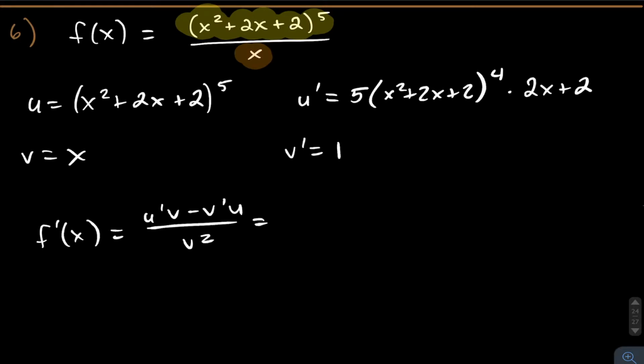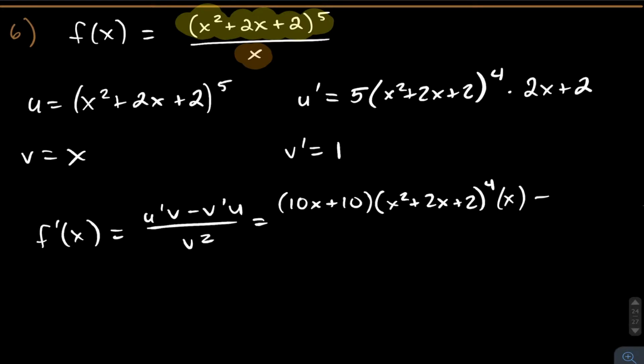I would simplify this with the 2x plus 2 and the 5, so I'd multiply the 5 through to the 2x plus 2. When you do that, you get 10x plus 10. And you multiply that by, of course, your inside there, x squared plus 2x plus 2 to the 4th power. So multiply that by x.